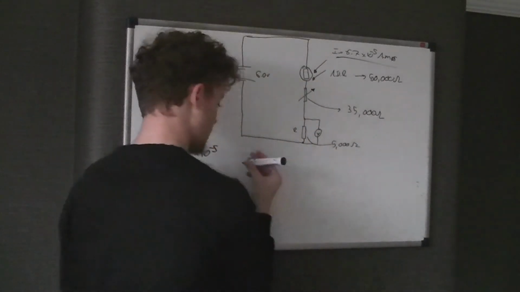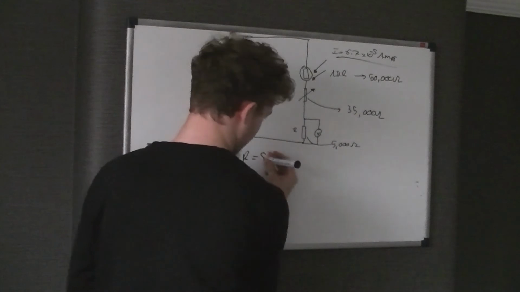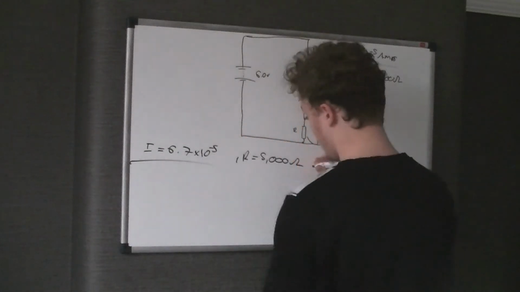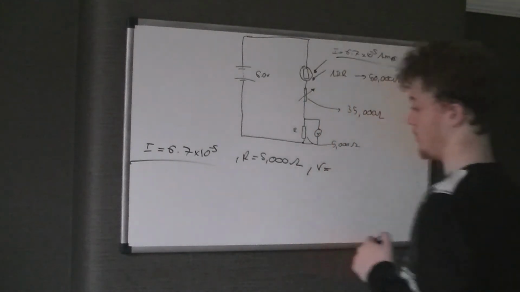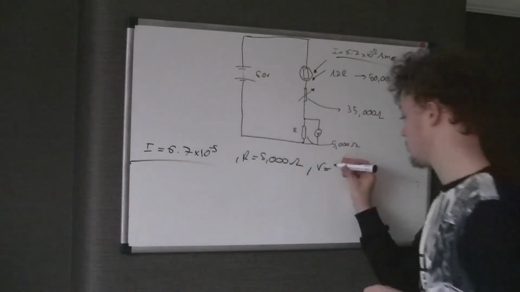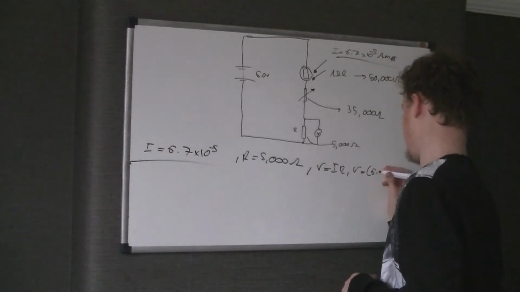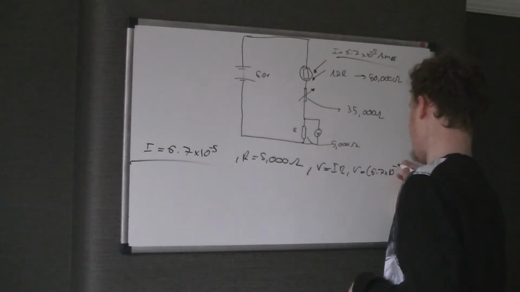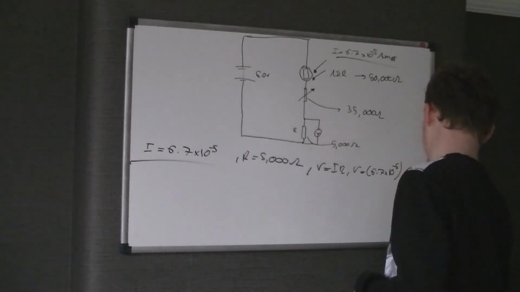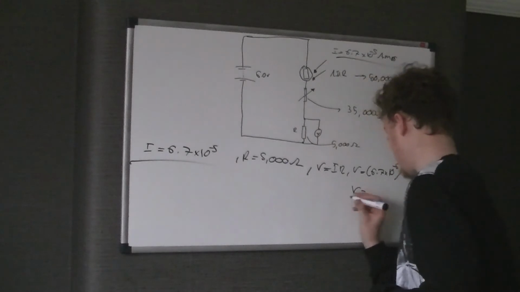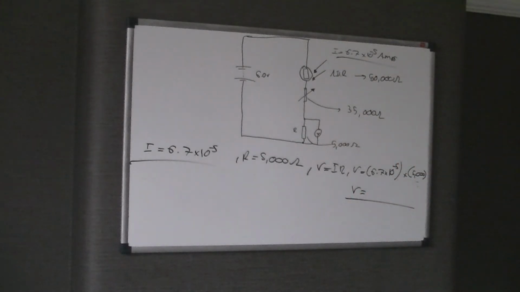We also know the resistance of this is 5,000 ohms, and we want the potential difference on the voltmeter. Because V equals IR, V is equal to 6.7 times 10 to the minus 5 times 5,000. It's just a case of subbing the numbers into your calculator, a very simple process.